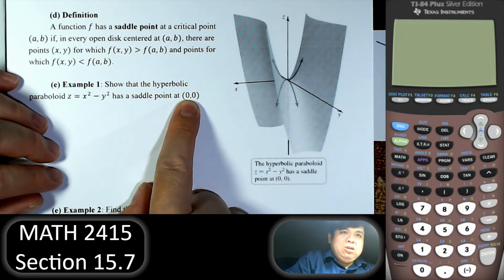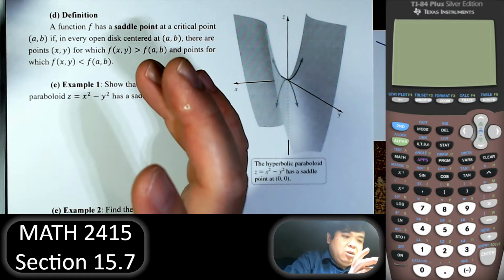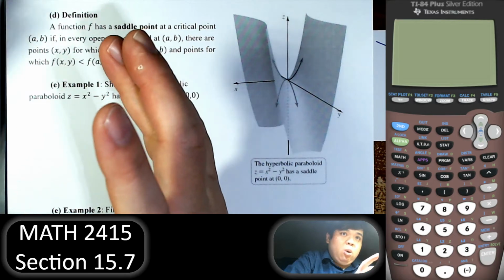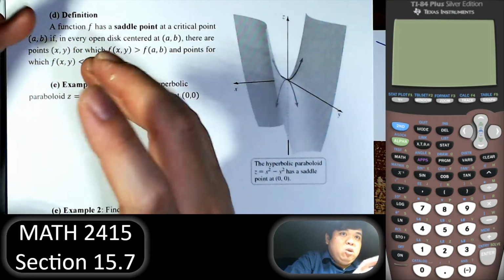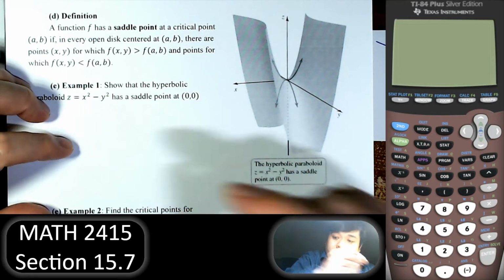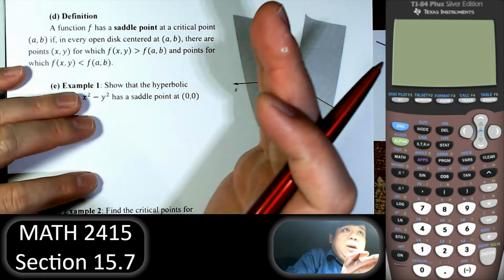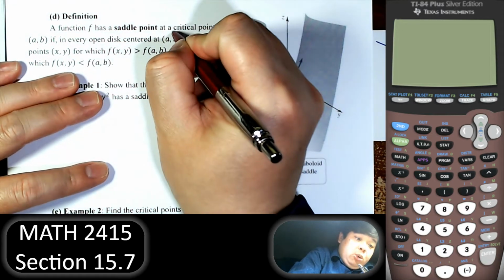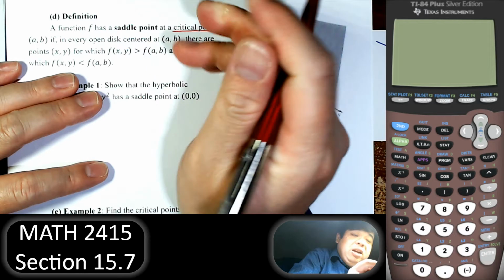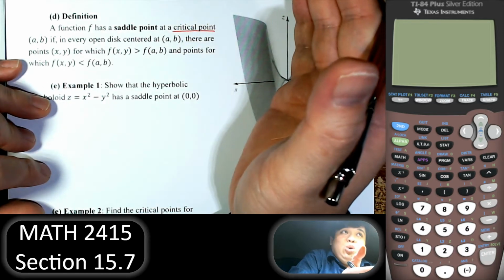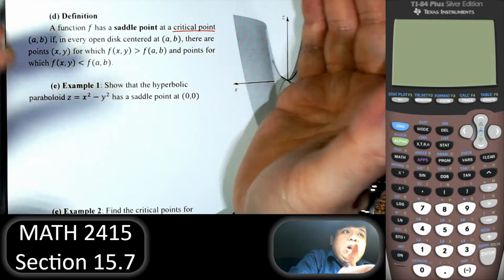And you might say, what's the big deal? The saddle point is just a point where something is neither max nor min, right? No. The important thing about the saddle point is it is a critical point, meaning that the partial derivatives have to be equal to 0 or not exist.